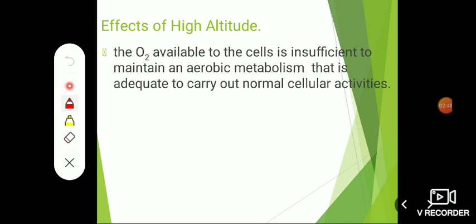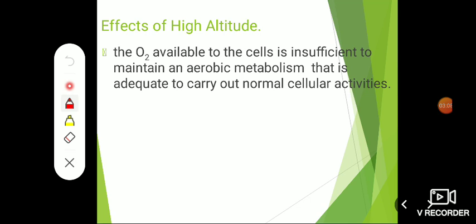Obviously, the O2 available to the cell is insufficient to maintain aerobic metabolism adequate to carry out normal cellular activities. In the human body, each and every organ is made up of tissues, and tissues are made up of cells. So ultimately each cell requires oxygen for aerobic metabolism.